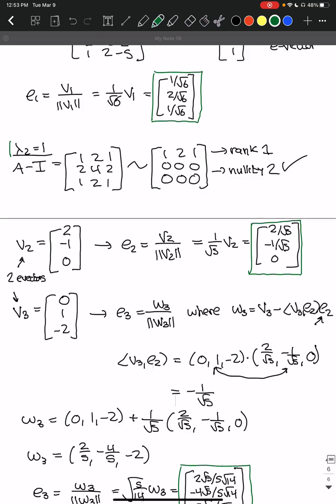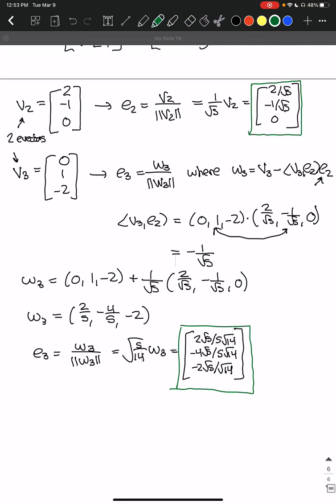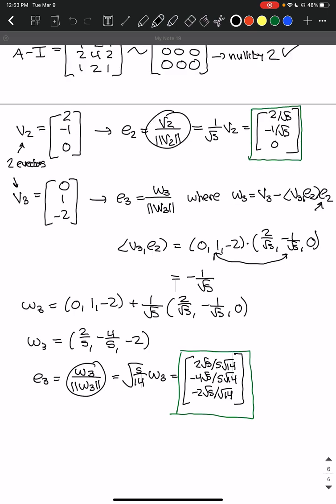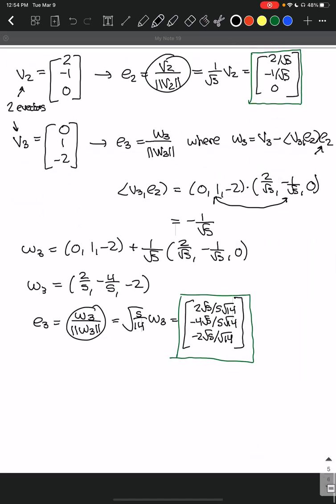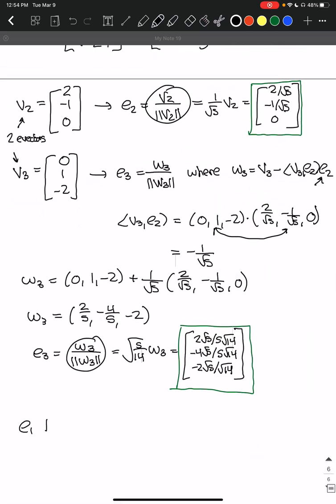Okay, so we have a set. What we should do is make sure that they're actually perpendicular, right? So we know they're all length 1 because we did this step in each of them, but I'm at least not convinced that they're perpendicular. So let's check that E1 is perpendicular to E2. How do we do that? Well, we take the inner product or the dot product of them.